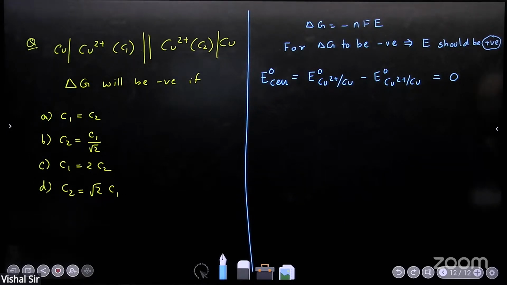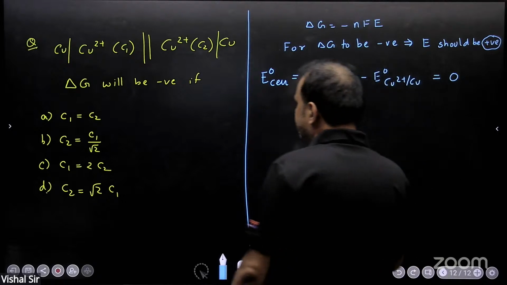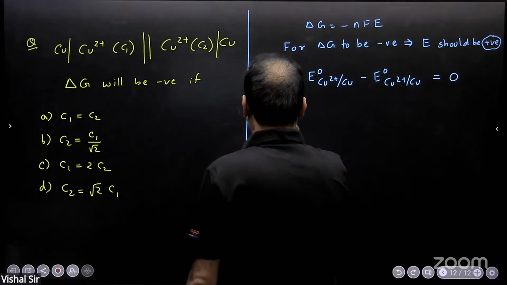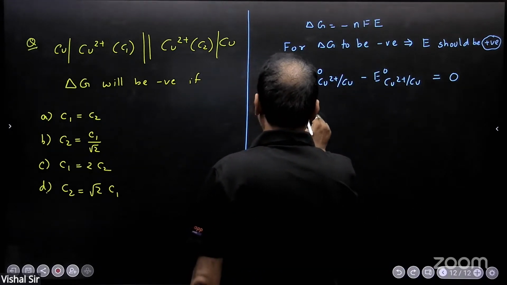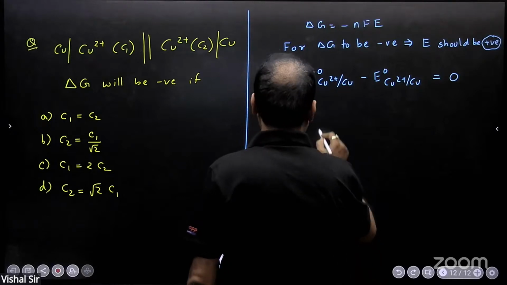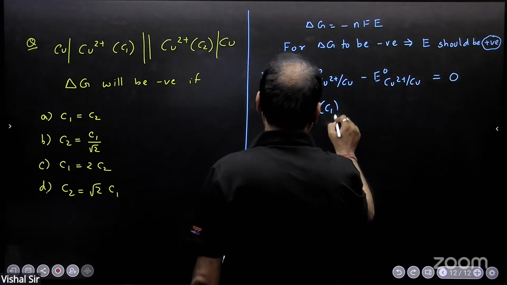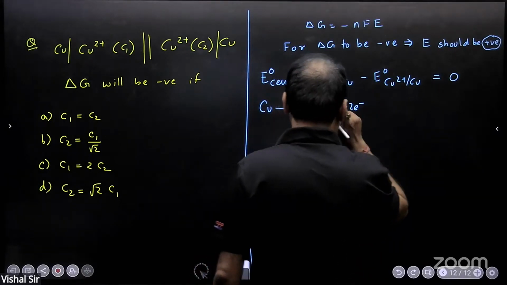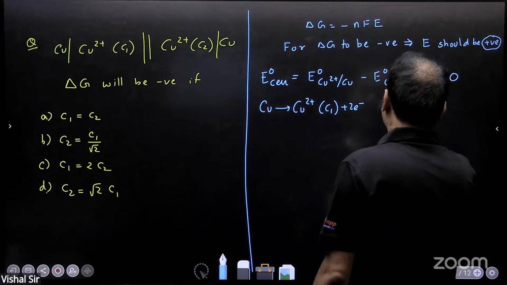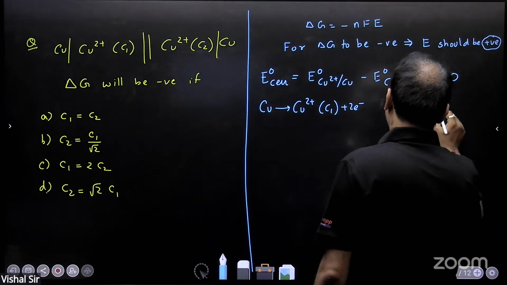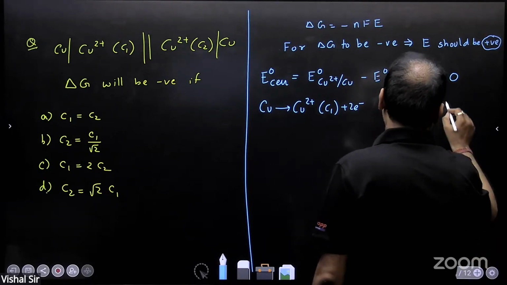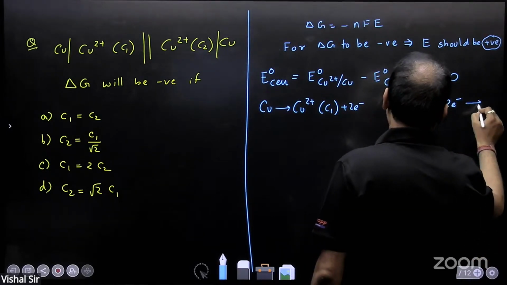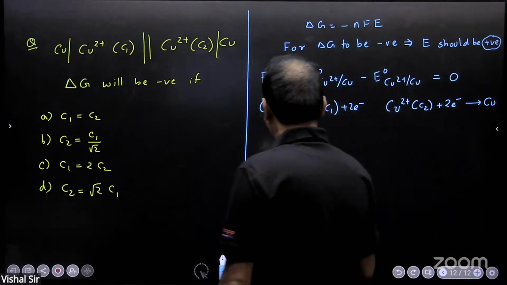Now let's write the reactions. Reaction on anode side will be Cu goes to Cu2+, whose molarity is C1, plus 2 electrons. The reaction on cathode side will be Cu2+, whose molarity is C2, plus 2 electrons goes to Cu.